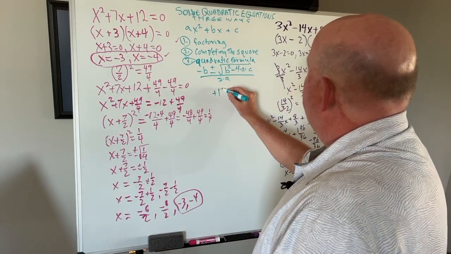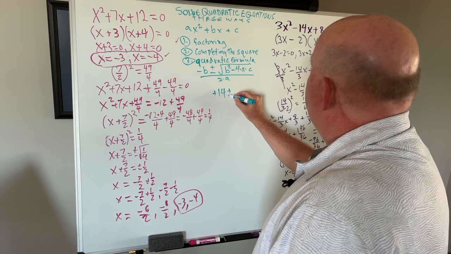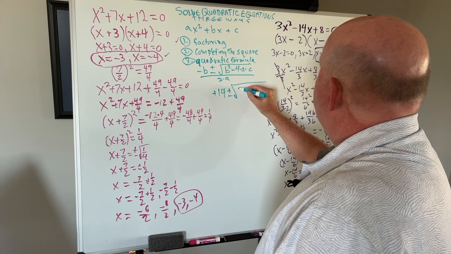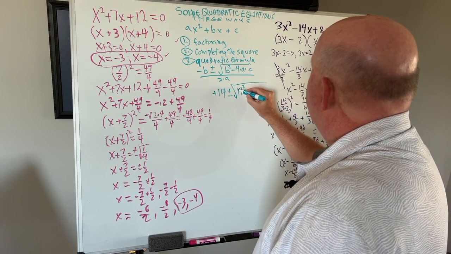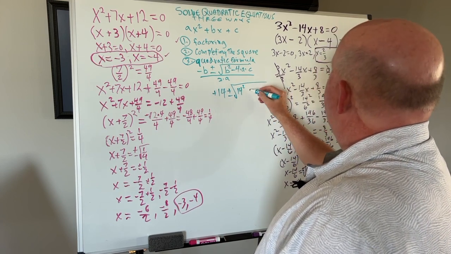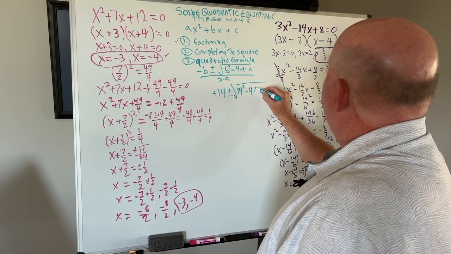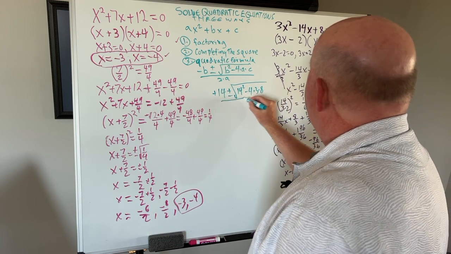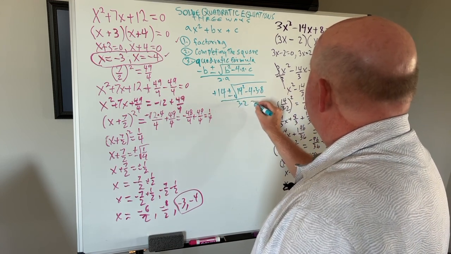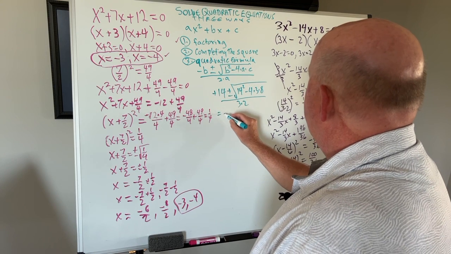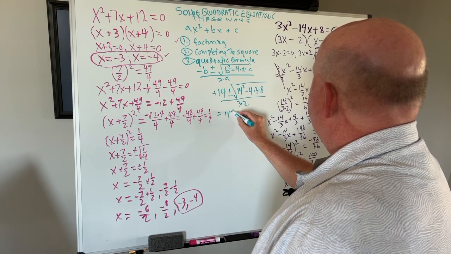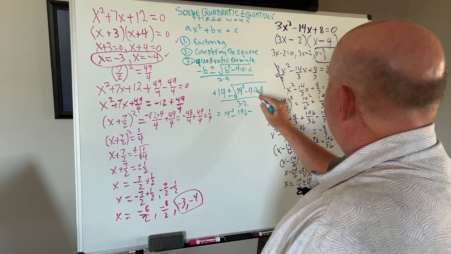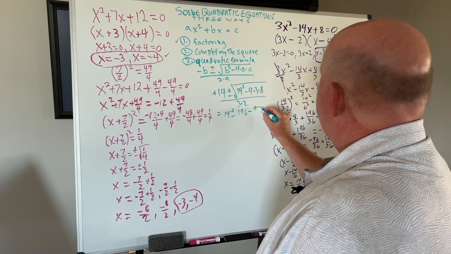Plus 14 plus or minus the square root of b squared, which is negative 14 squared, which is just 14 squared, minus 4 times 3 times c, which is 8, all over 2a, which is 3 times 2. That is equal to 14 plus or minus the square root of 14 squared, which is 196, minus 12 times 8, which is 96.